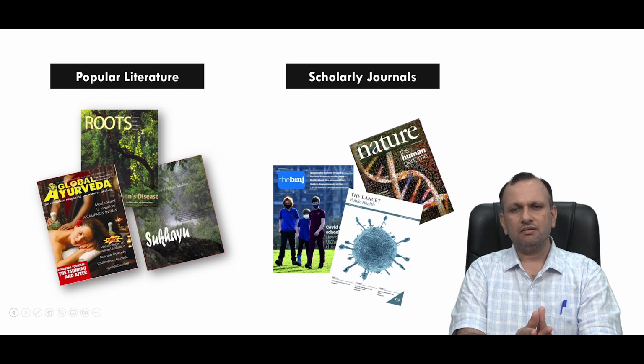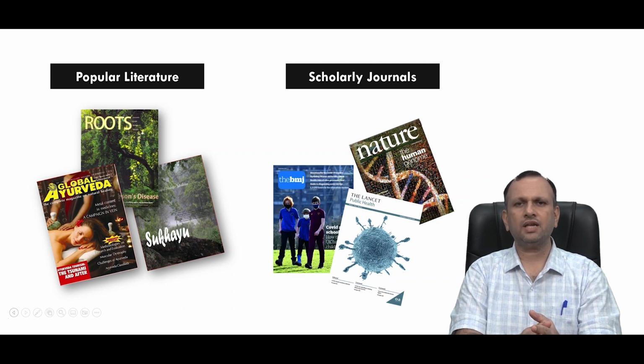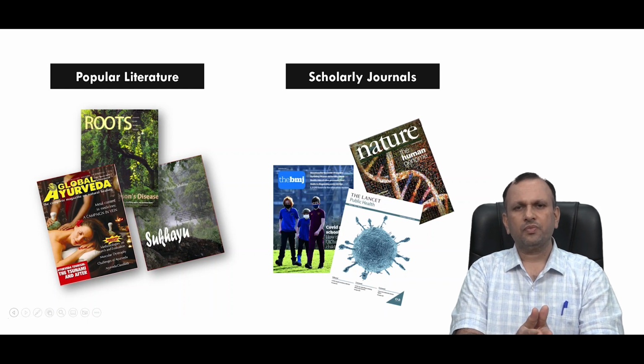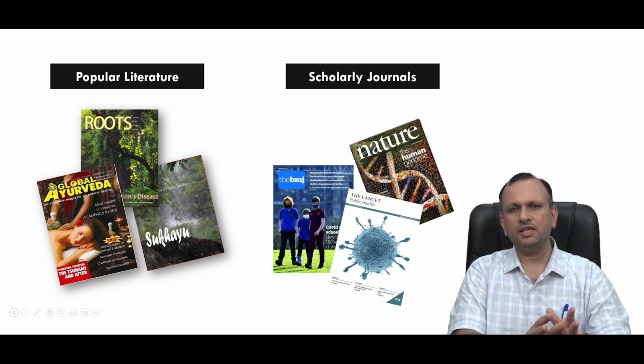The lay public reads maybe newspapers or weekly magazines, which cover a wide range of topics. They're not scientific journals or scientific periodicals. They're all general periodicals which cover various aspects, maybe art, maybe culture, maybe science. So science could be just one of them. Such periodicals belong to the category of popular literature.